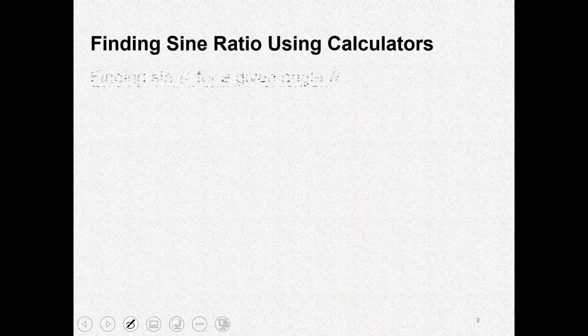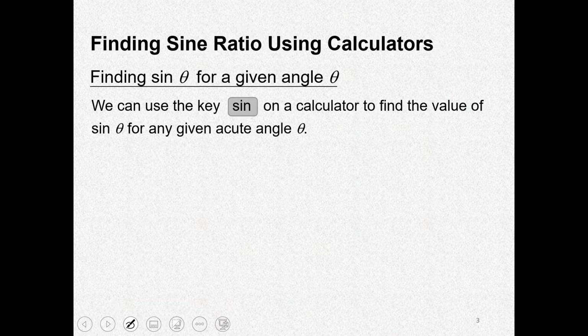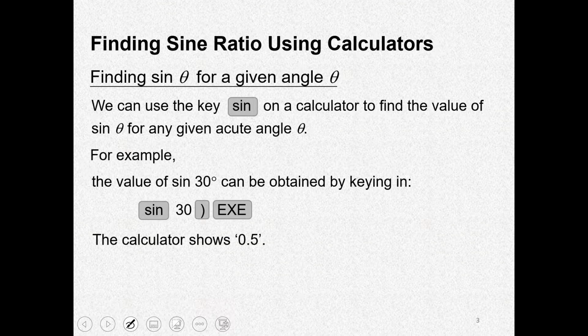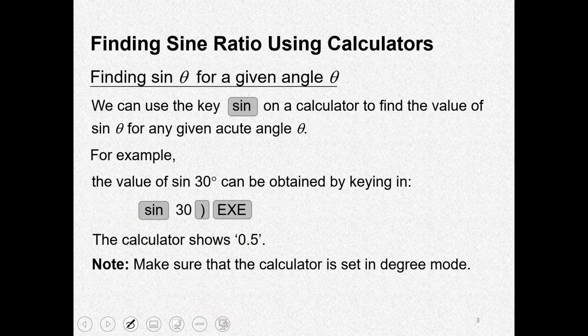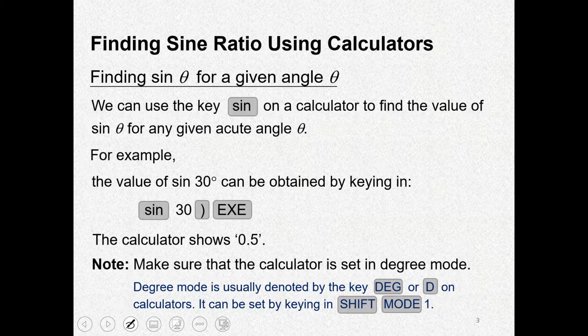So let's start. We need to use our calculator to find out the values of the sine ratio. If we need to find out sine 30 degrees, then we need to press the sine button and then key in 30 and then press the close brackets and then press the EXE.